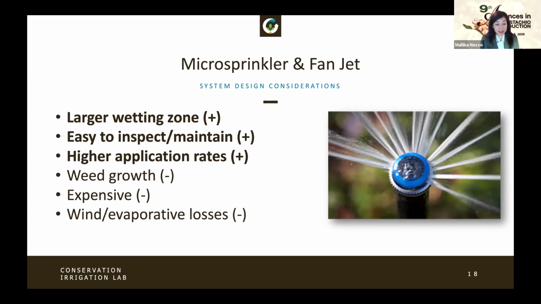They can be expensive. And then you have that uncontrollable component, which is the wind and evaporative losses, depending on the time of year and the evaporative demand of the environment. You can lose water in this way by just using a sprinkler, having these droplets. That can be a potential loss, and that loss can get high, especially with the wind. So it's something to consider.